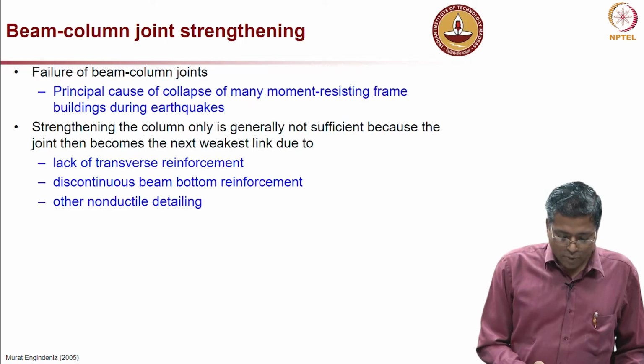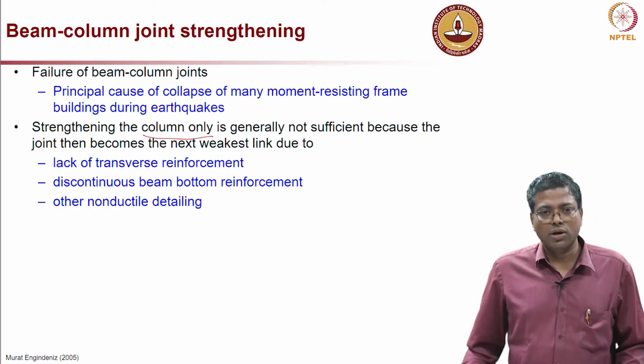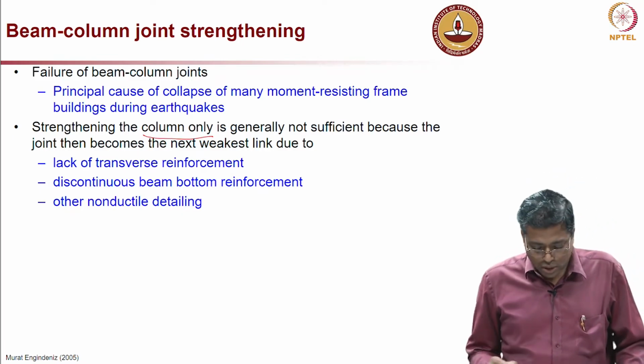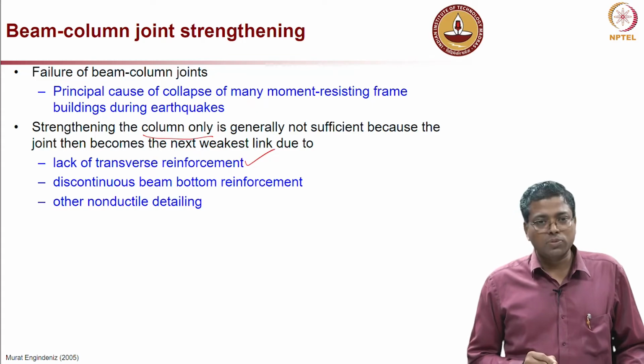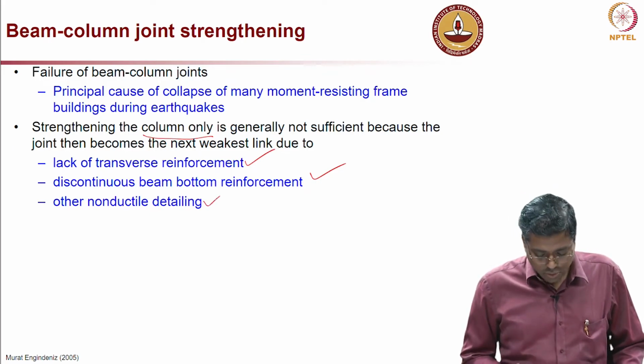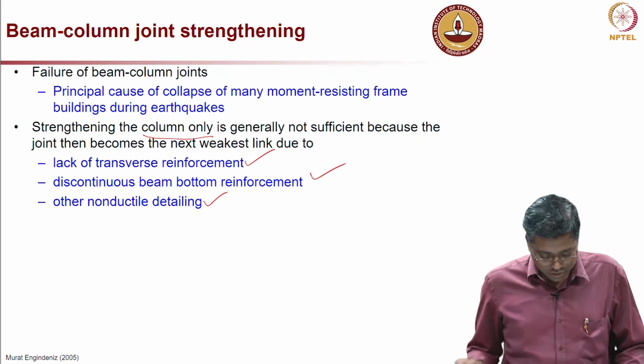Strengthening of the column only is generally not sufficient, because the joints then become the next weakest link due to lack of transverse reinforcement, discontinuous beam bottom reinforcement, and also lack of adequate ductile reinforcement.